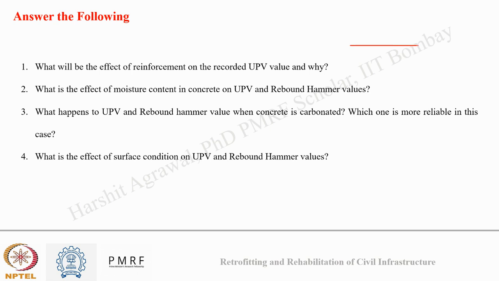Why? Because steel has more density than concrete, so waves can propagate faster through steel and reach from the transducer to the receiver faster. So the time of flight that we get may be lower than the actual value, which can give us a wrong indication of the integrity of concrete.